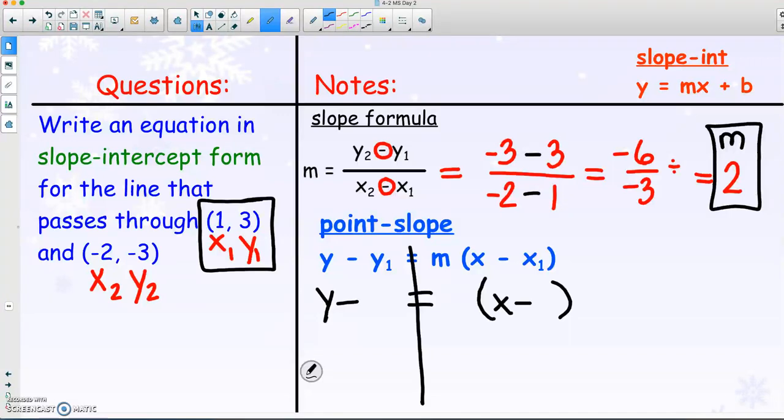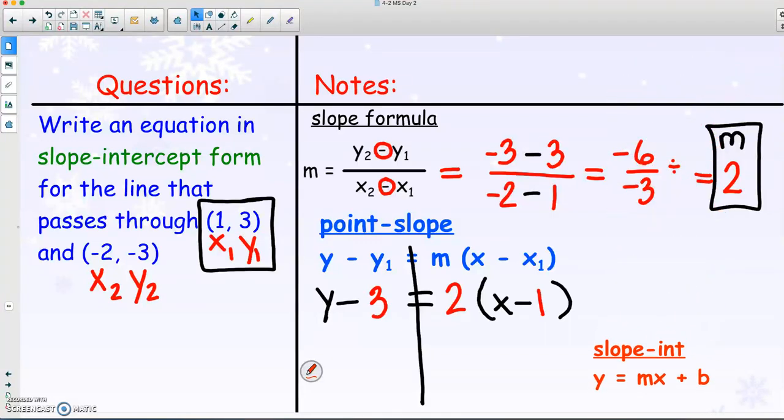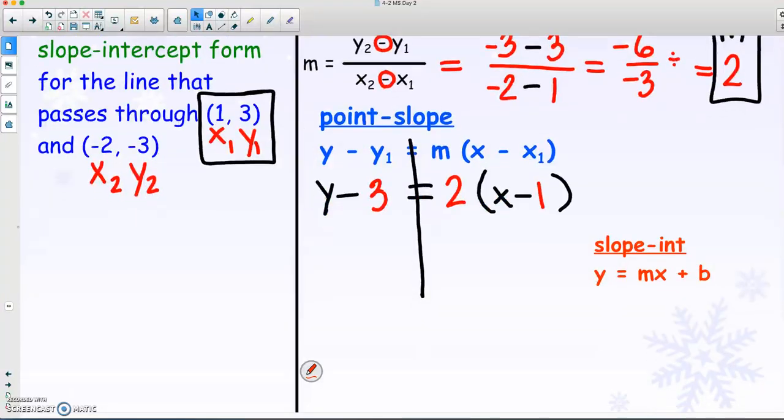So these 3 numbers I can replace. So y minus my y1, which is 3, equals my slope, and then x minus x1 like that. And now all I need to do is solve this equation to get my final answer into slope-intercept form.